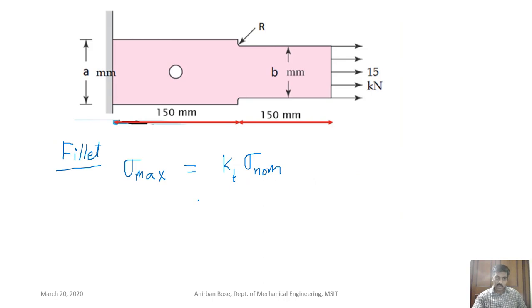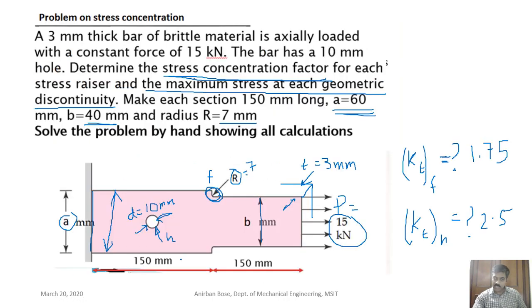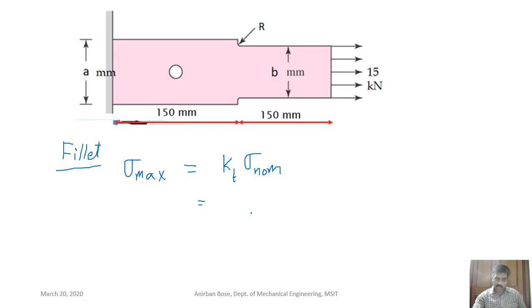The Kt value we have already found is 1.75 for the fillet, and the nominal stress is P, that is 15 kilonewton.